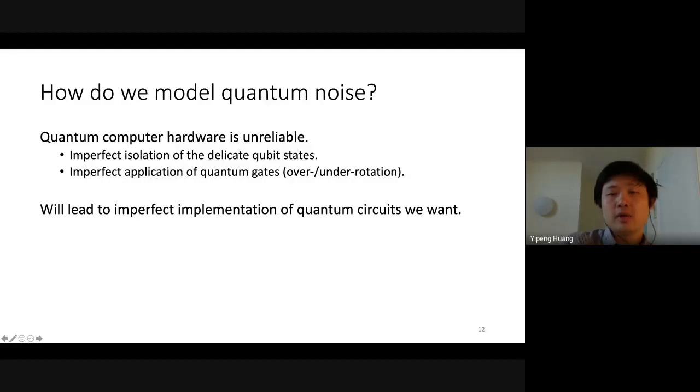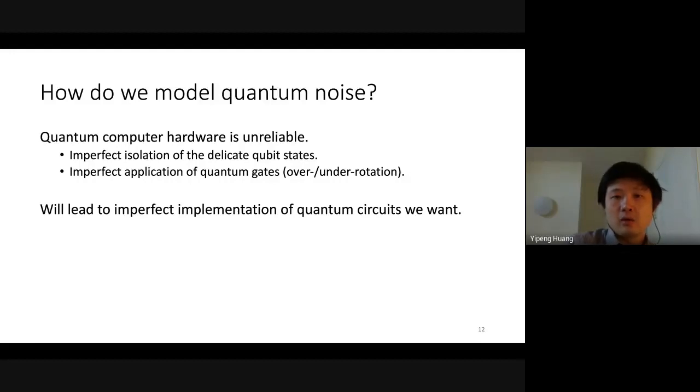Quantum noise, intrinsically, comes from the property that the quantum hardware that we're running these algorithms on is intrinsically unreliable. This comes from basically two types of phenomena. One is that the quantum states inside quantum computers are imprinted on really delicate particles.